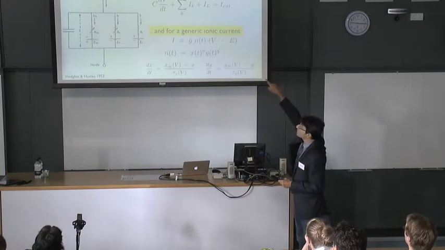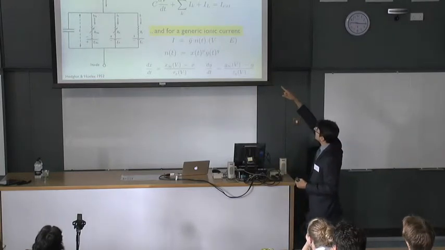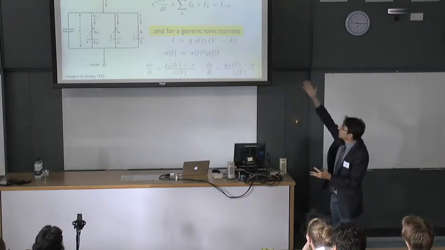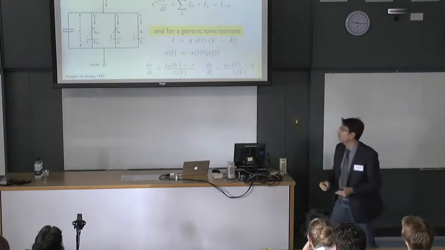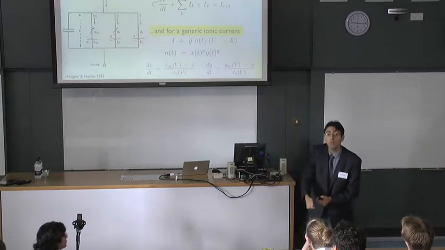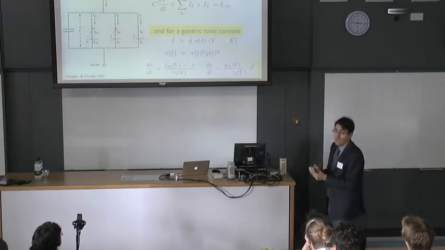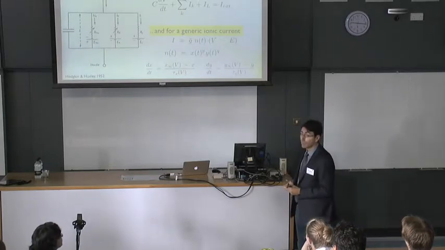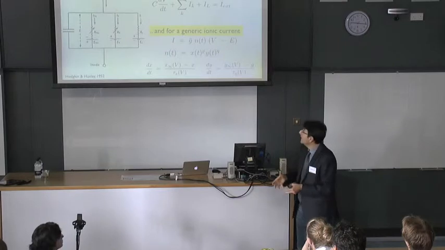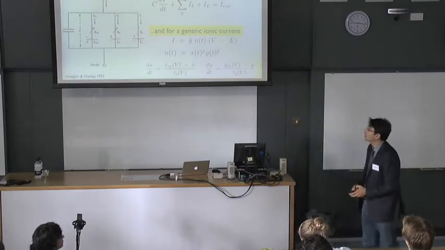There is a term that is not depending on the voltage, it's a leak current, and there might be another term on the right-hand side, for simplicity, for convention, the one that Mainen and Sejnowski have been injecting through the pipette. It's an external current. So this is the reason why you might have a change in time of the membrane potential, just because you are injecting or removing charge from the inside of the membrane.